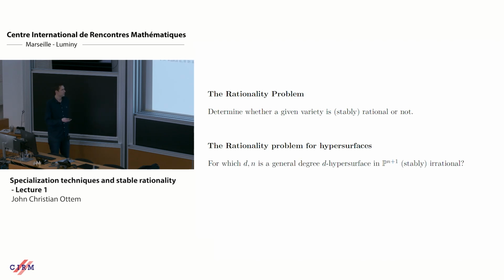That is basically asking for which degrees and dimensions is the degree d hypersurface of dimension n stably irrational. And typically we ask about general ones, so it's not like we're handing a concrete polynomial. We ask when is the random hypersurface in Pn irrational.